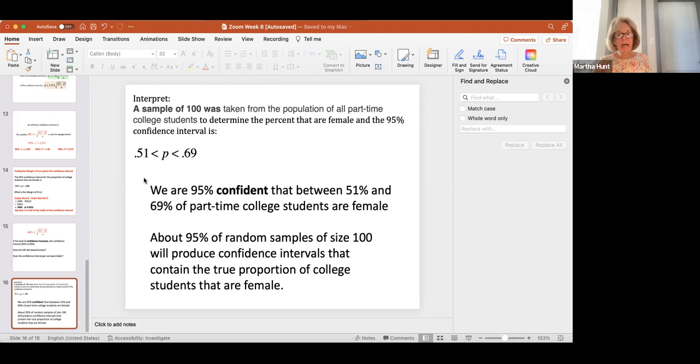You should say, I am 95% confident that between 51% and 69% of the college students are female. Alternatively, you could say about 95% of the random samples of size 100 will produce confidence intervals that contain the true proportion.